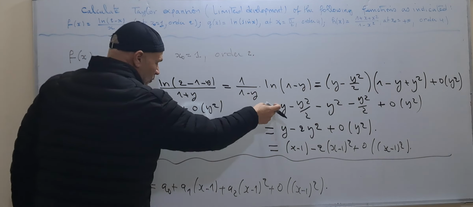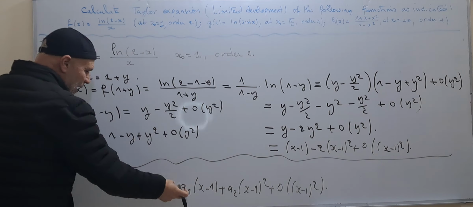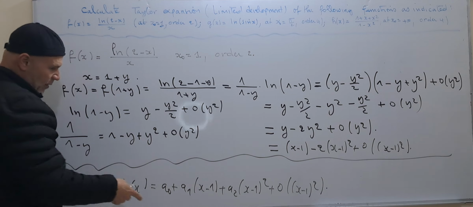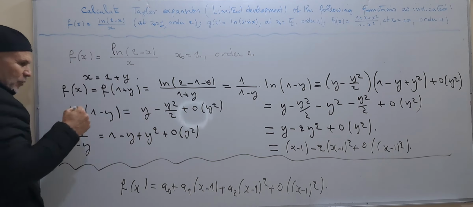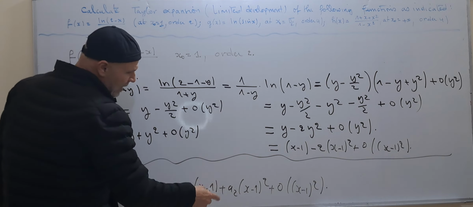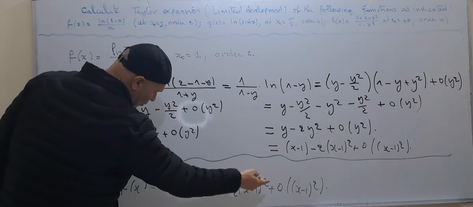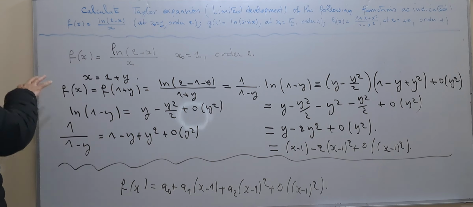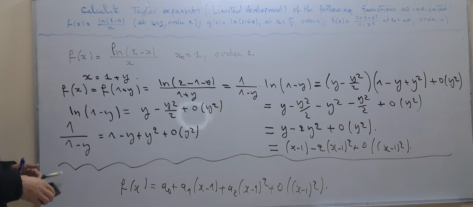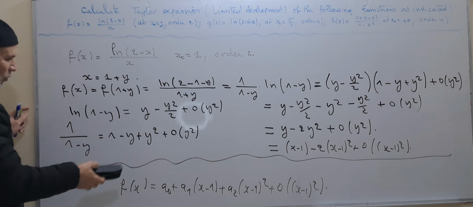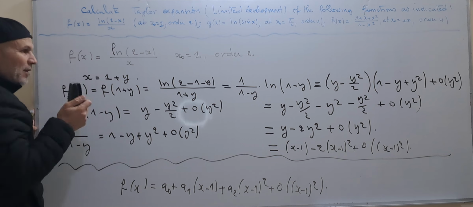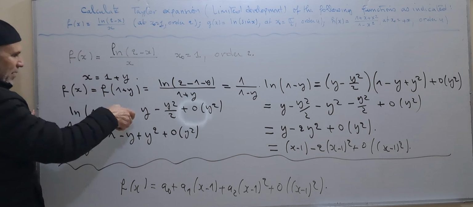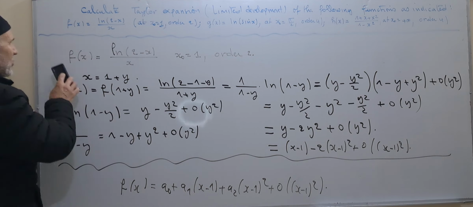You remark that here we have the constant term. For a1, we take the derivative, then we replace x by 1, and we get a1. The second derivative, then we replace x by 1, we get a2, and we have the formula. In this second method, we make derivatives of different orders to get the coefficients of this function. I think that this is quicker and smarter when it's possible.